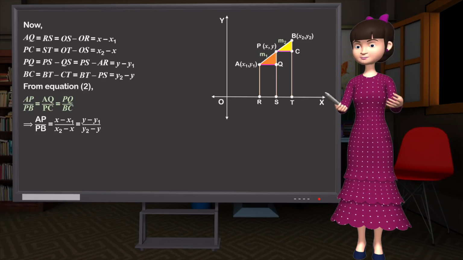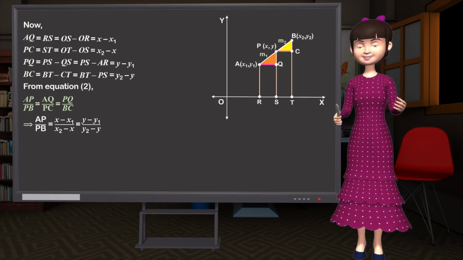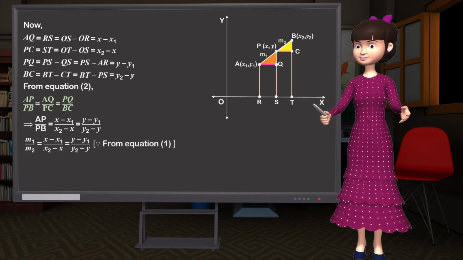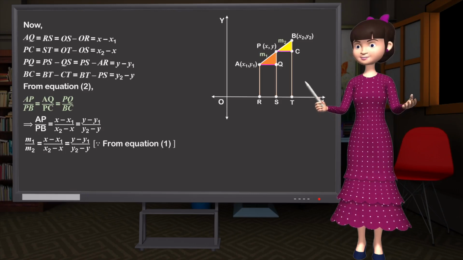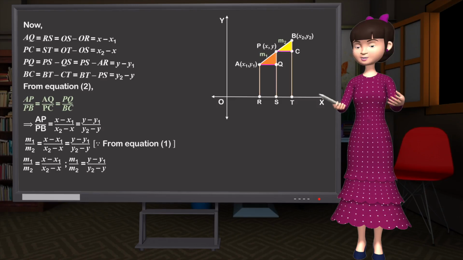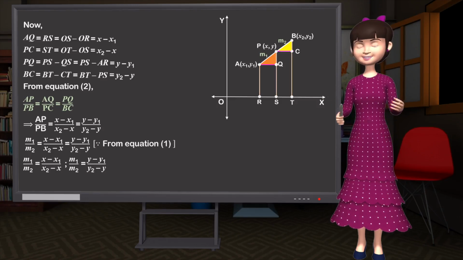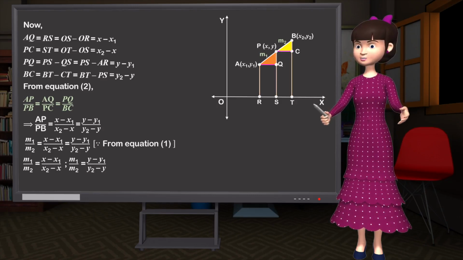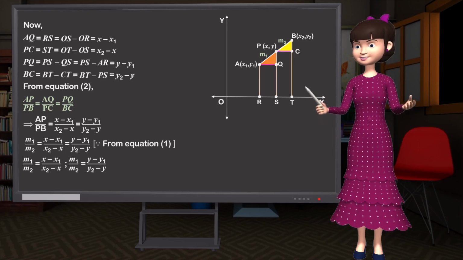Now using equation 1, we get m1 by m2 is equal to x minus x1 by x2 minus x, which is equal to y minus y1 by y2 minus y. We can write this as m1 by m2 is equal to x minus x1 by x2 minus x, or m1 by m2 is equal to y minus y1 by y2 minus y.